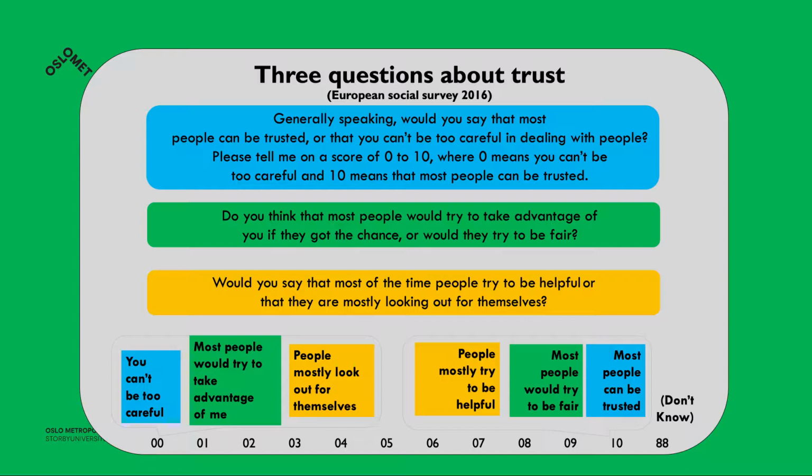So, as for validity, it's a question: are these questions valid measures of trust? Are we able to measure the theoretical concept trust, or social phenomenon trust, really? Are we able to measure that using these questions?